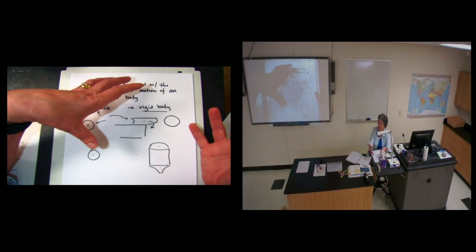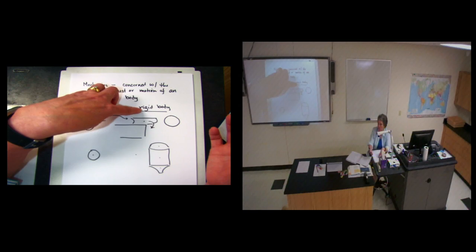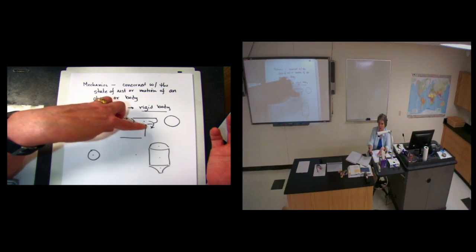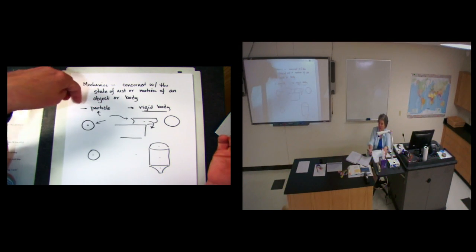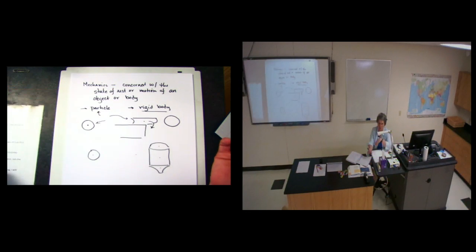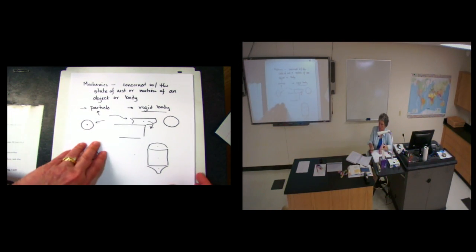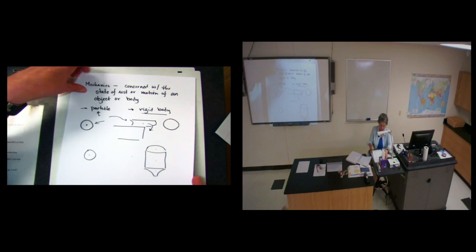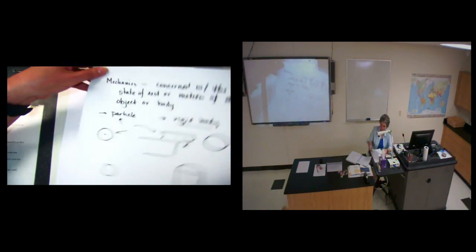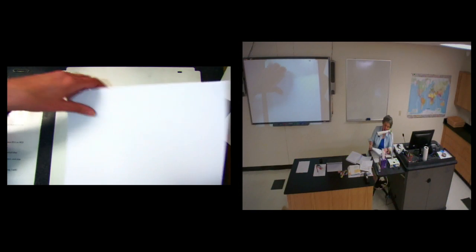So in statics, just to remind everybody, because I'm not sure where everybody is. In statics, our object is usually at rest, but it could also be in constant motion, provided there was no acceleration.